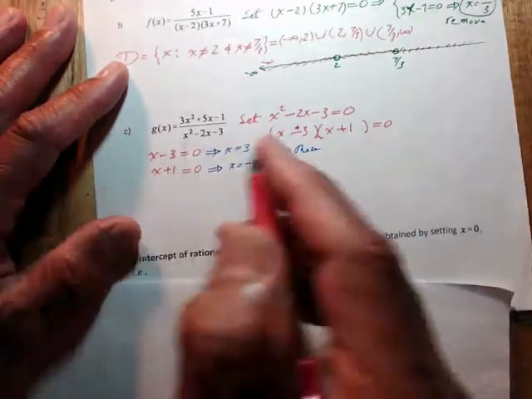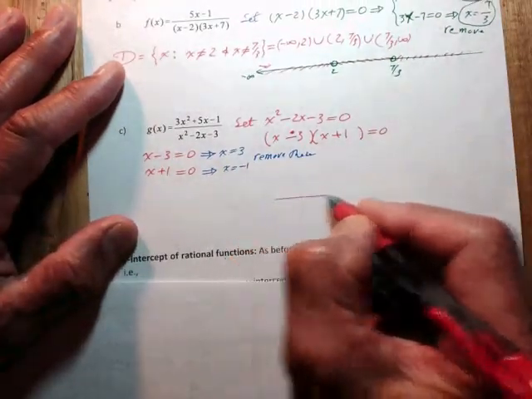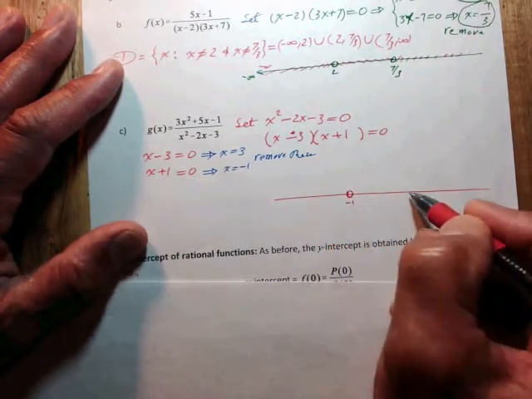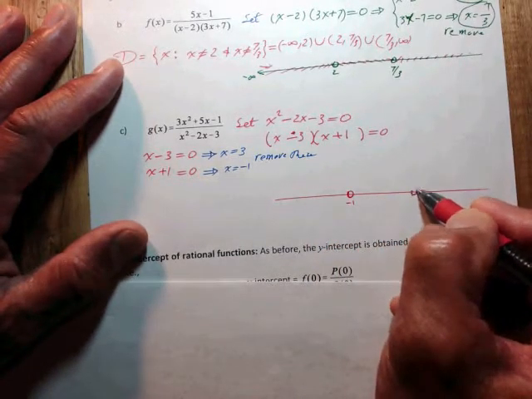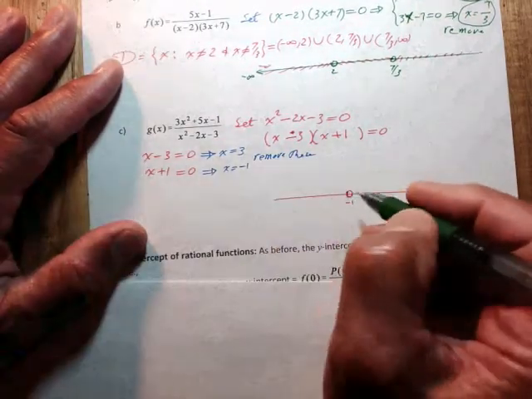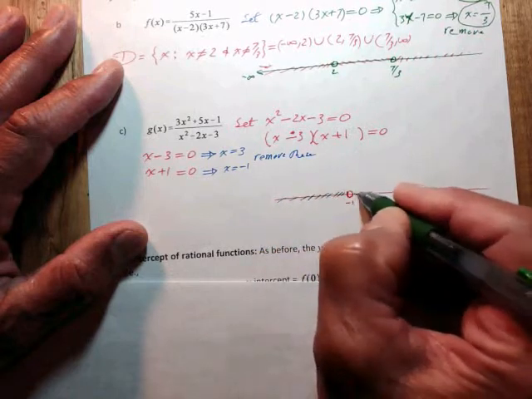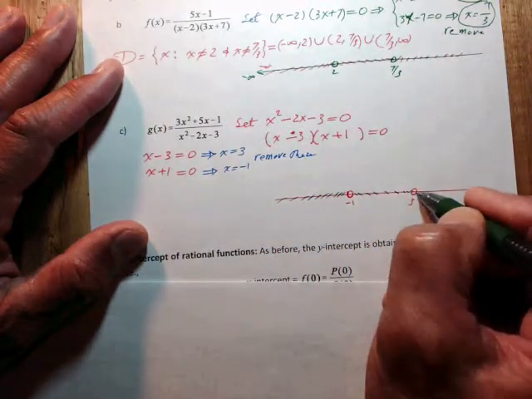Remove this. So here's a picture. This is -1, and here is 3. So the domain is everything to the left side of this point, everything in between, and everything above.